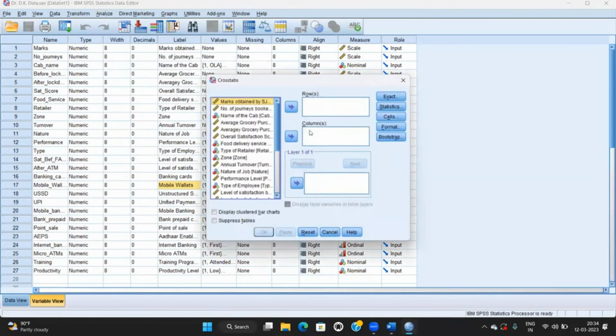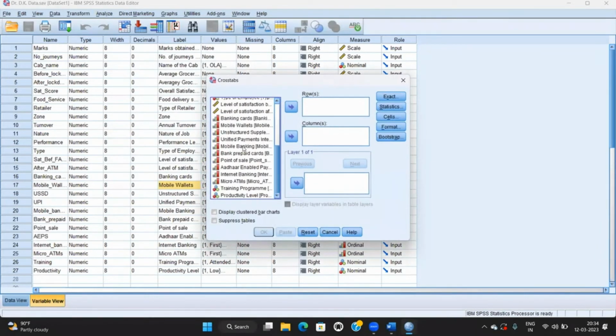So rows and columns. I told you, what is the row? Training program is the row variable. What is the column variable? Productivity level is the column variable. That's all. Then 5 buttons are given here. The second button is statistics.